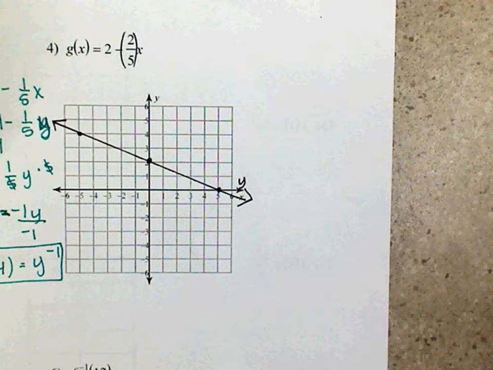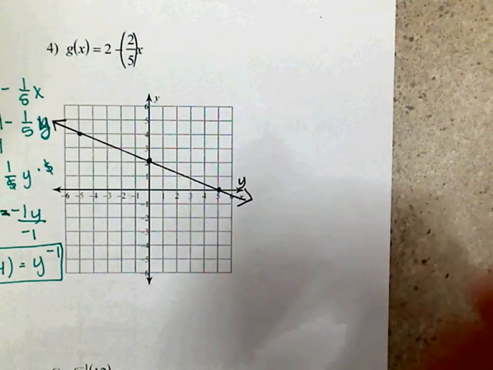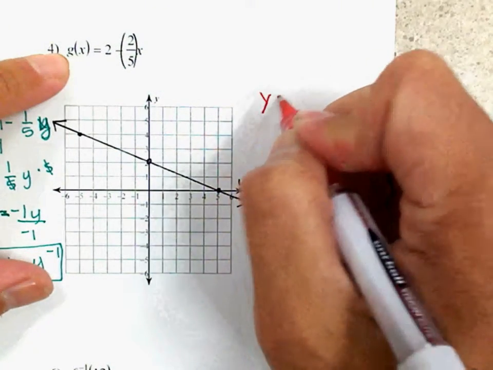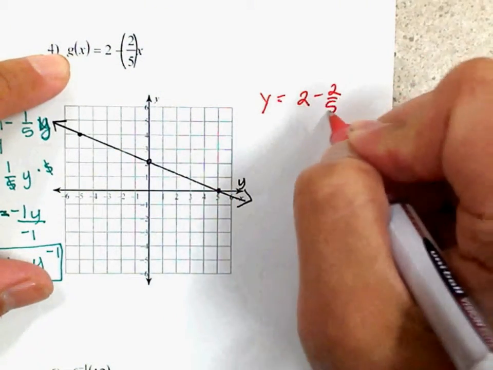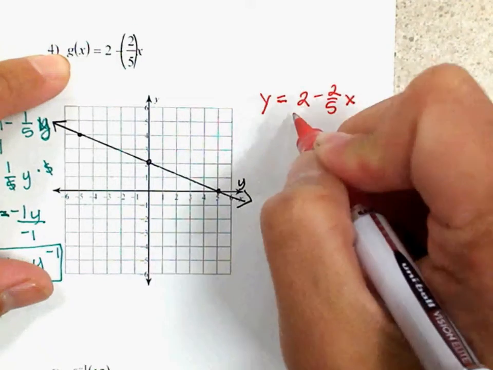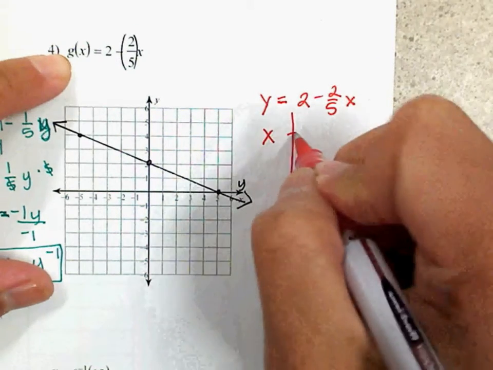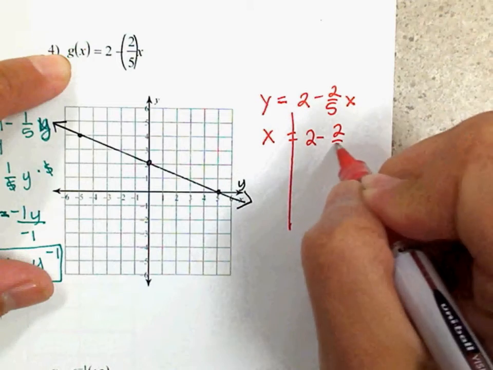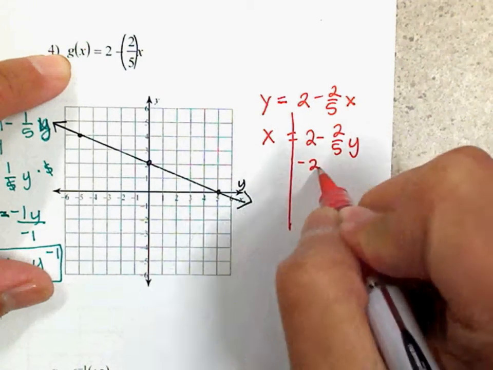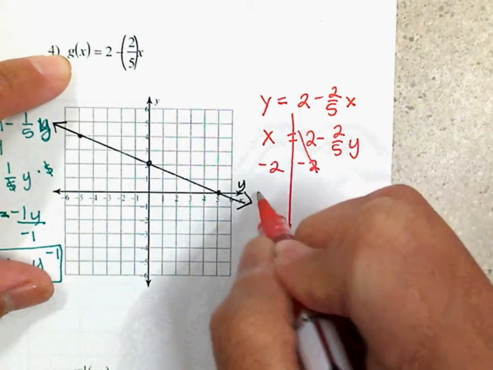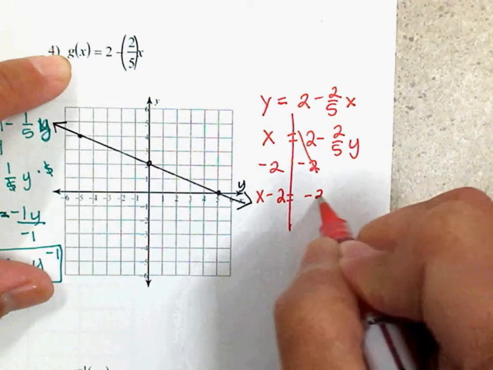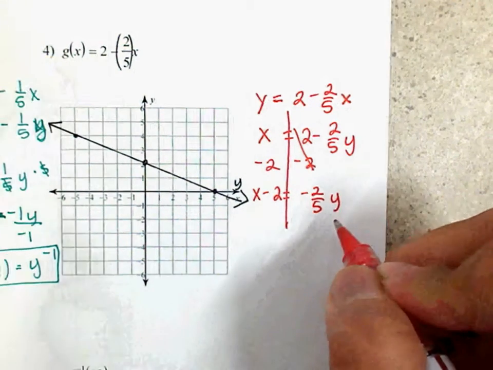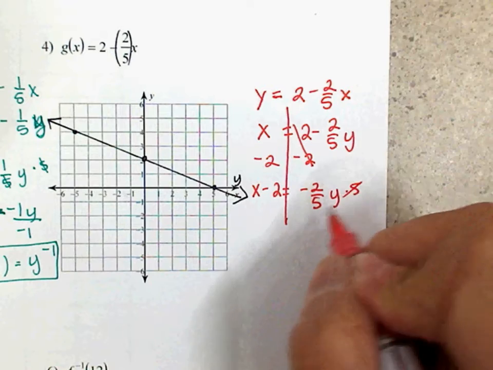Let's go ahead and find our inverse. Change that to a y equals 2 minus 2 over 5 x. Step number 1, switch. 2 minus 2 over 5 y. Subtract 2, so x minus 2 equals negative 2 over 5 y times 5 times 5.